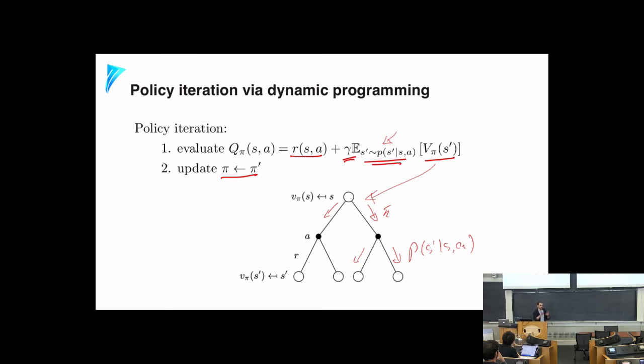Let's say it's a tabular environment with a grid world, with an agent that is trying to move and get to the goal state and get some reward for that. So you can start from some state, and then you can expand according to all possible actions that you take under your policy. And then from there, you can expand according to the dynamics, assuming that you know the dynamics. And then again, from the next states, you can further expand down. So you will basically go all the way down, and then you will back up.